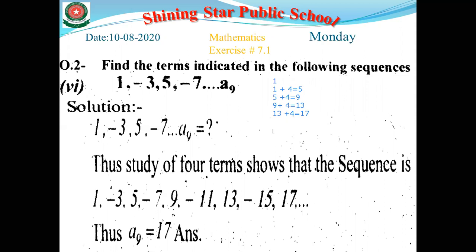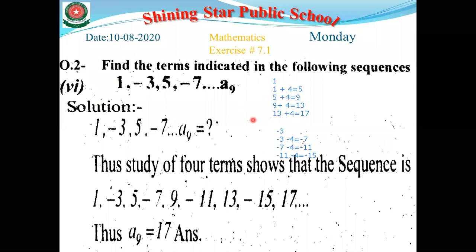For the even terms, we have minus 3, the second term, then the fourth term: minus 3 minus 4 equals minus 7, minus 7 minus 4 equals minus 11, and minus 11 minus 4 equals minus 15.